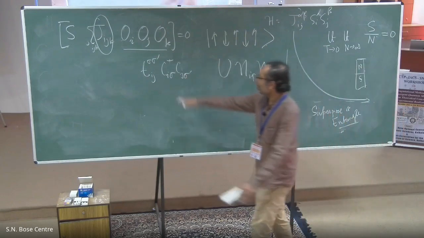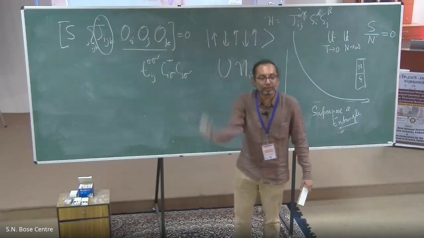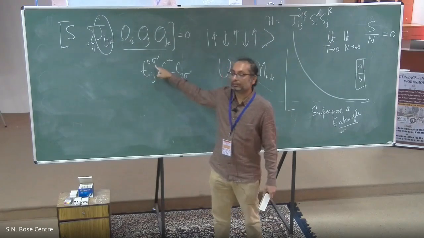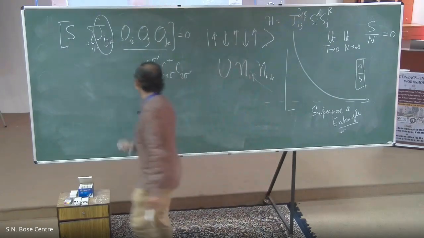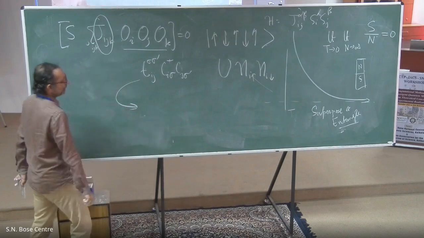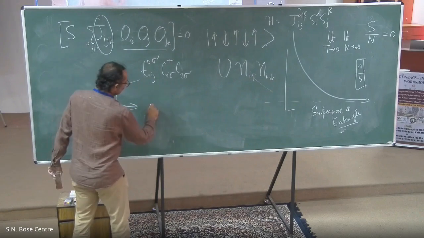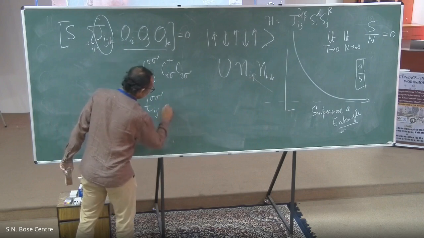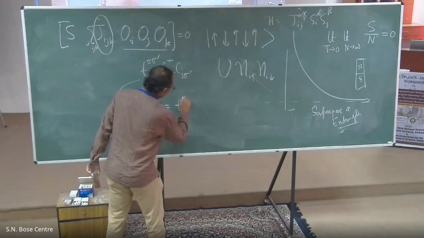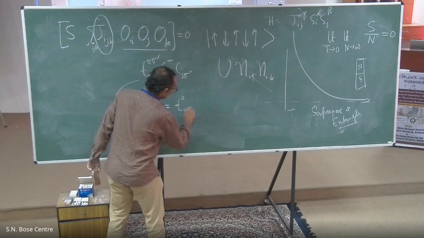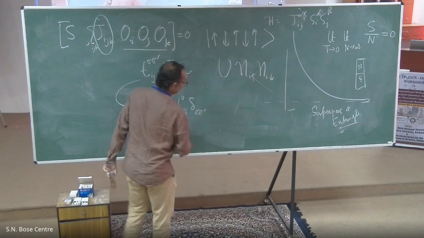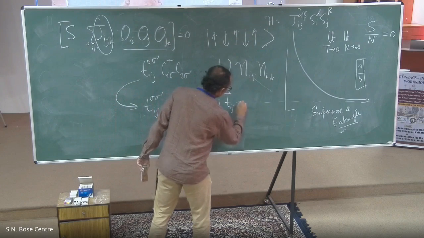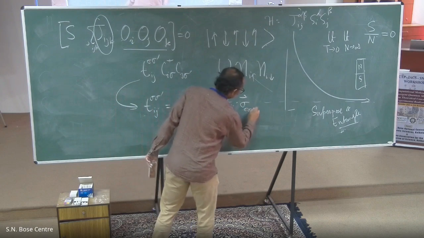Now for spin half, J equal to half, this is a 2 by 2 matrix as a function of sigma and sigma prime. As we know, any 2 by 2 matrix can be written as follows. t^{sigma sigma prime}_ij is equal to t_0,ij times delta_{sigma sigma prime} plus i t_ij dotted with the Pauli matrices sigma.